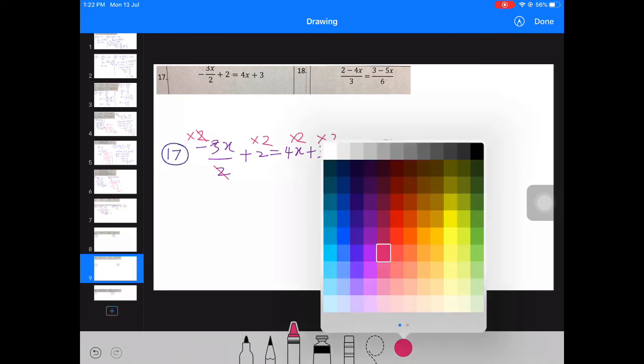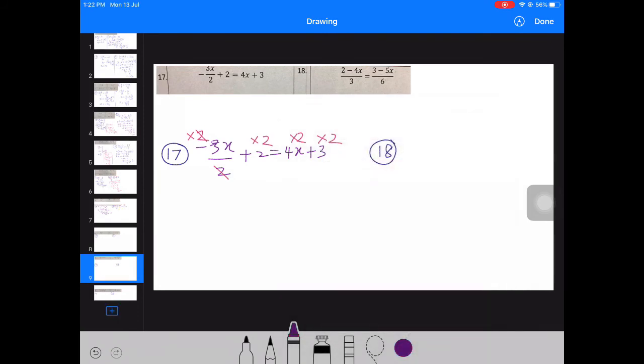So leaving us with negative 3x plus 4 equals to 8x plus 6. And then we can see that the variable is on both sides. So you can group them, put them on one side, the negative 3x and 8x. So negative 3x here remains.